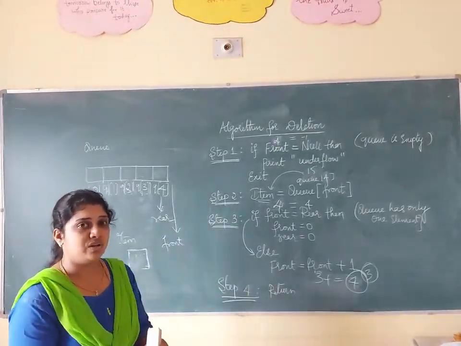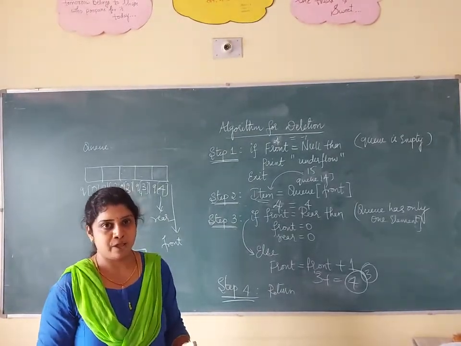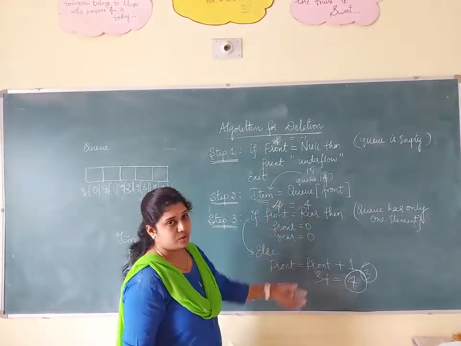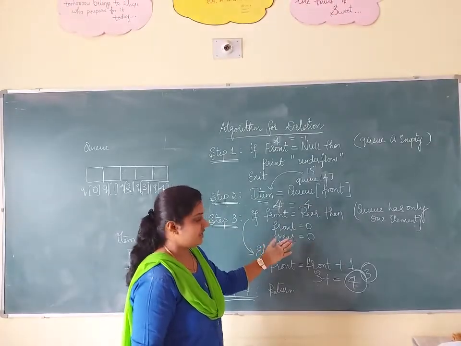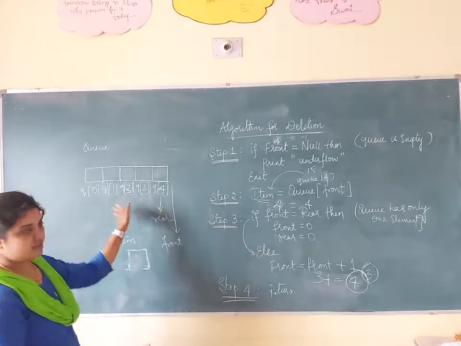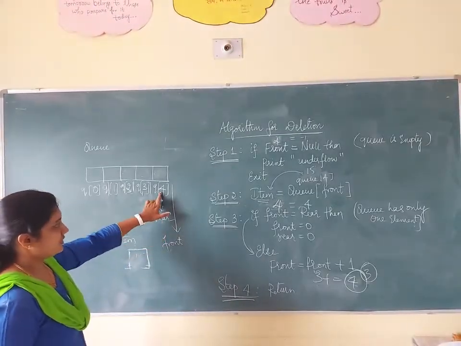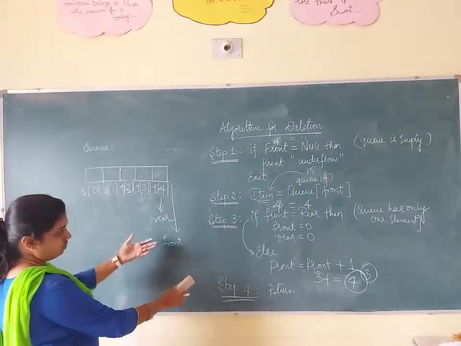Now again you have to take back your front and rear positions to 0. See, if both are pointing to the same location, what will happen? You have to assign front and rear equal to 0. So now we deleted all the items, and both front and rear are pointing to the same location, that is 4. If it is pointing to 4, what will happen?